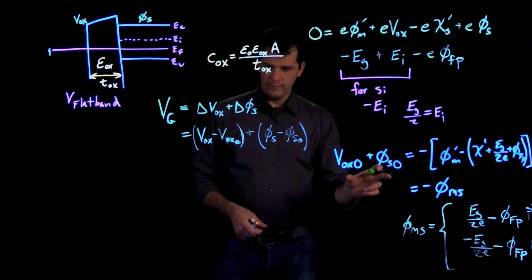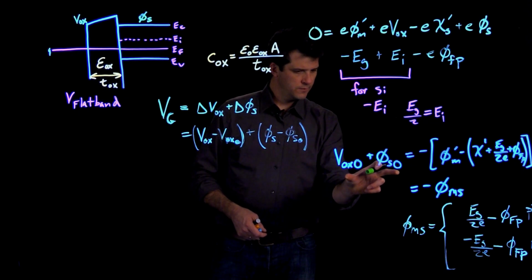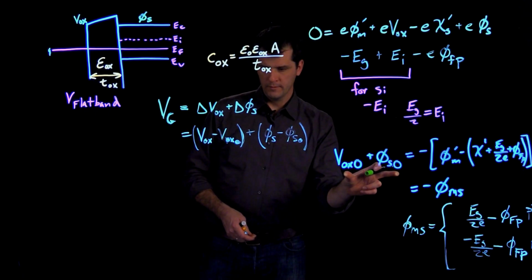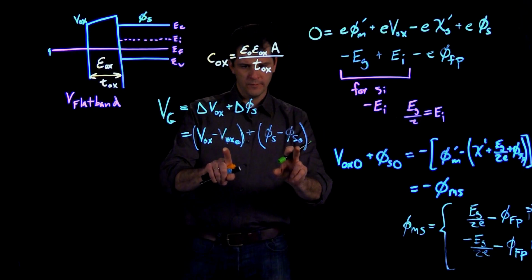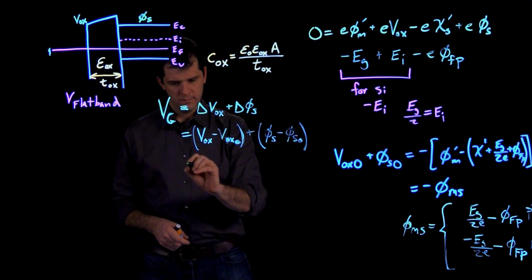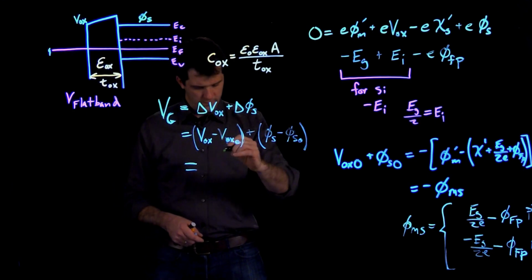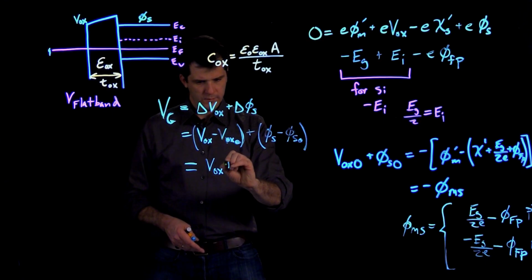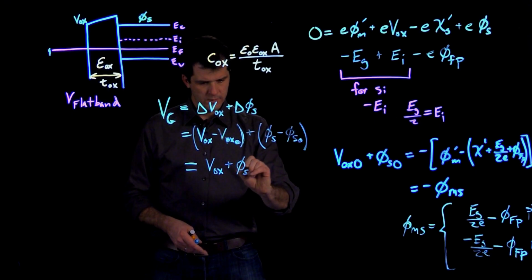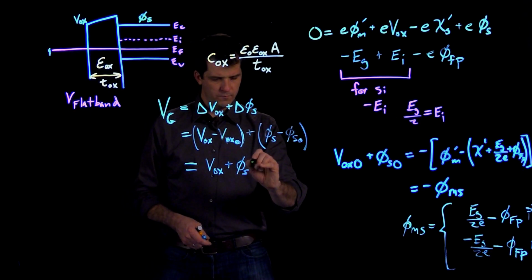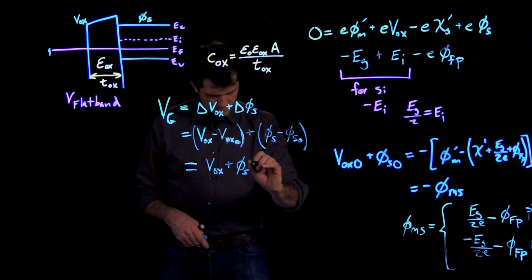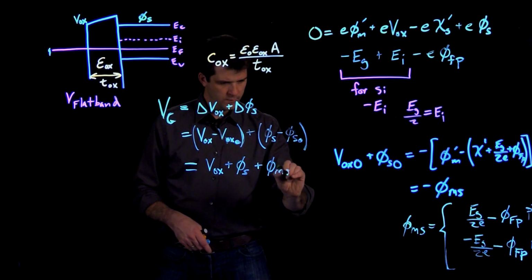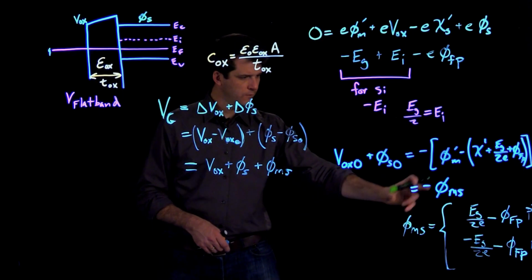So then if we use this equation, that the metal semiconductor work function difference can be substituted in for these two quantities, we can gather those together and say that this is the Vox plus the voltage dropped in the semiconductor, and then plus the phi ms for this case of a p substrate that we considered to get this equation.